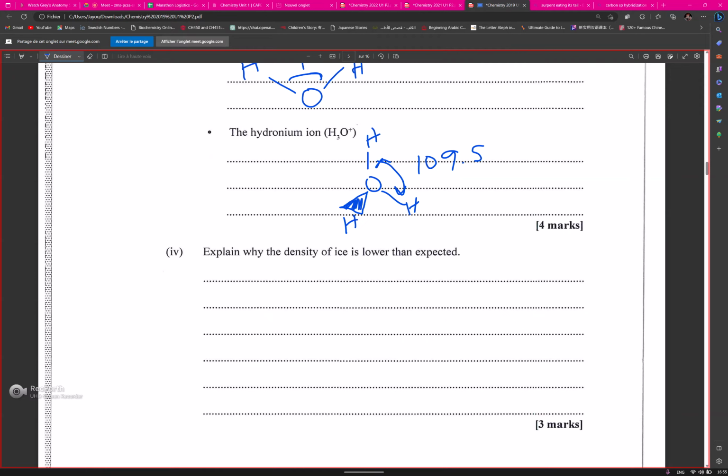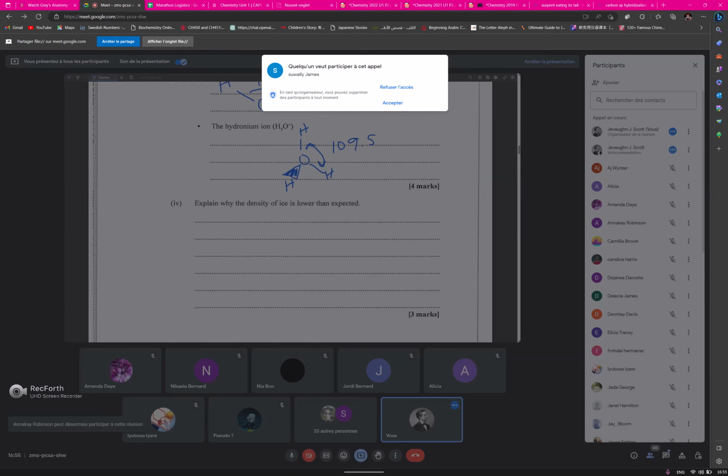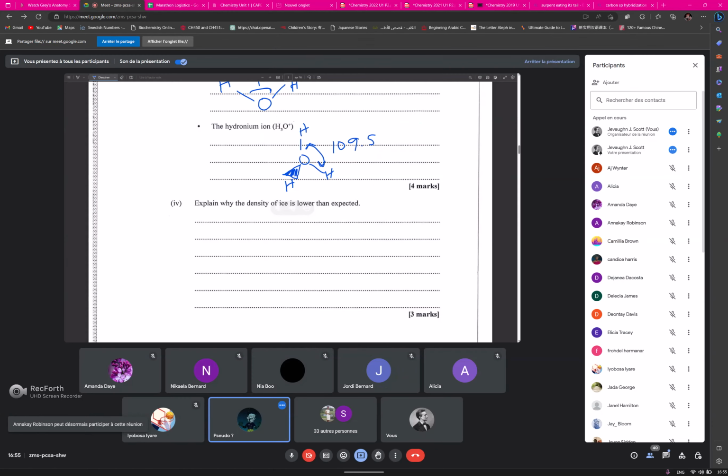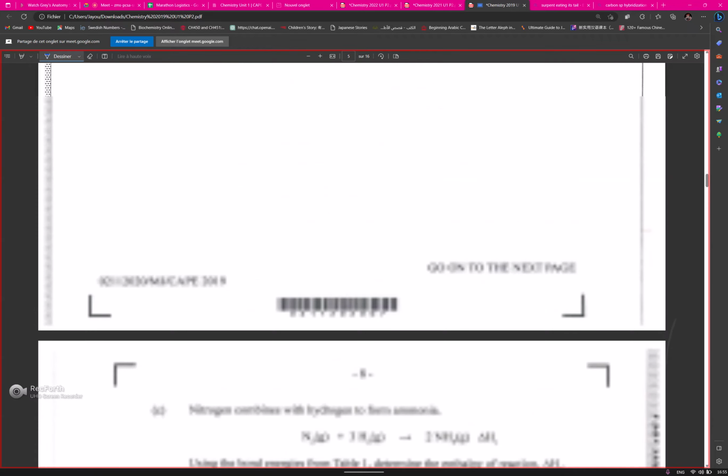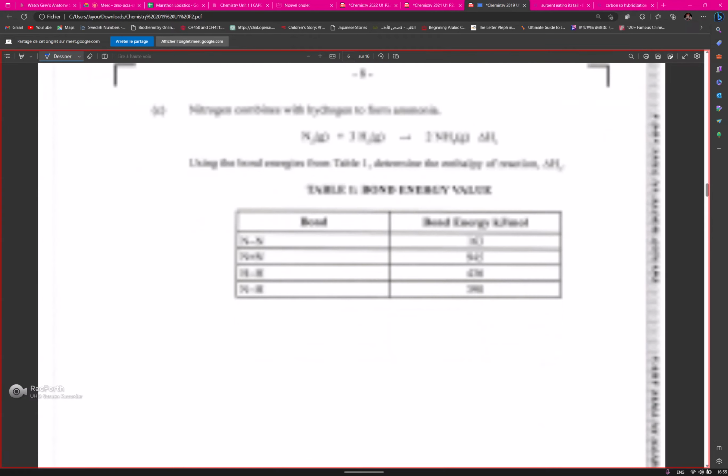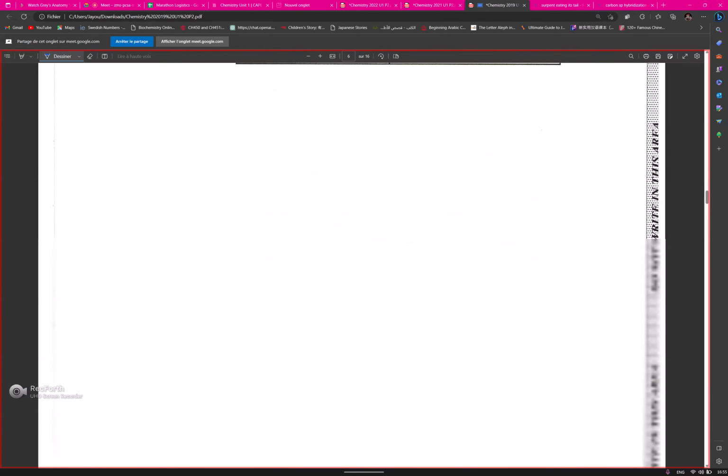Because they arrange themselves in a lattice structure, they are less dense, so they take up more volume. Do we understand why the density of ice is lower than water? We spoke about that before. Yes, sir.